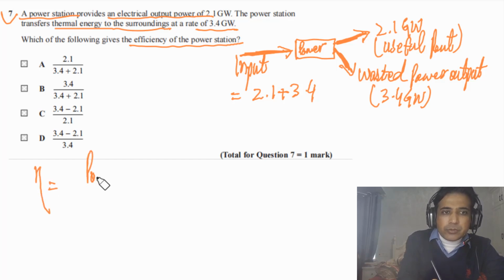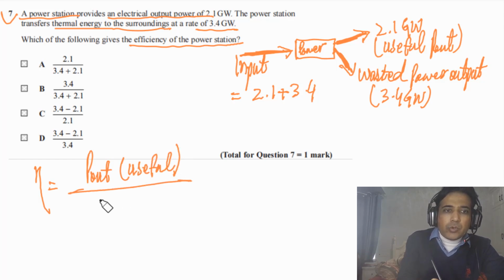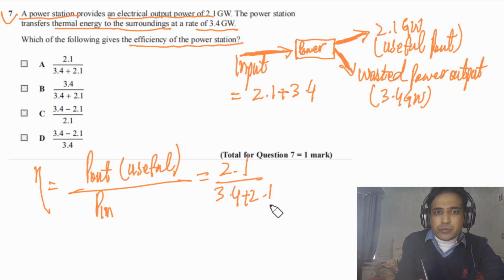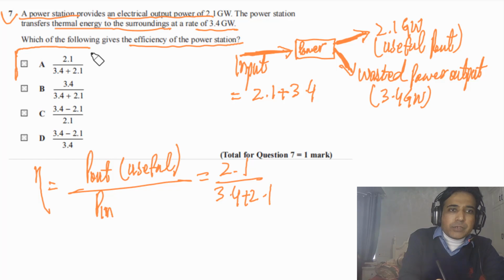This has to be P out useful over total P in, P input. So we have useful, that is 2.1, divided by total, that is 3.4 plus 2.1. So the answer for this question has to be A.